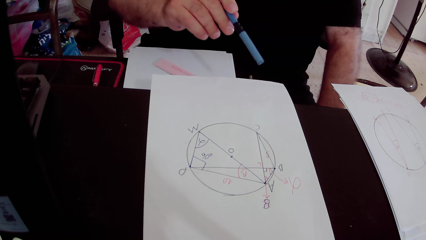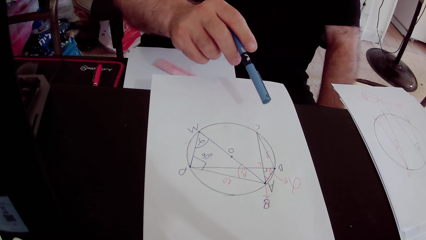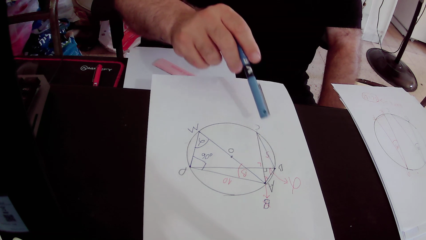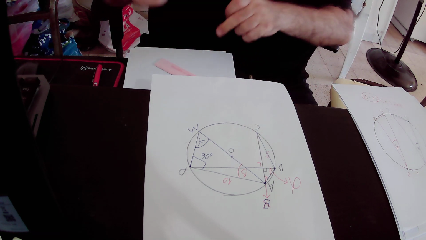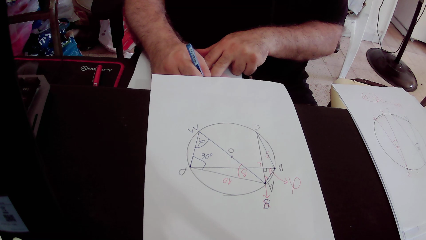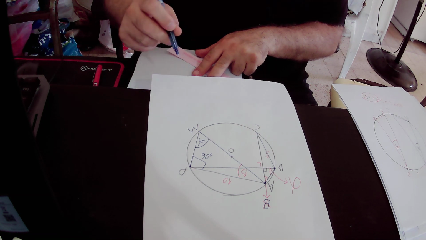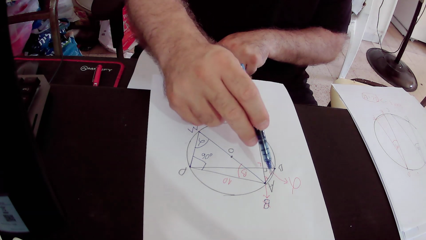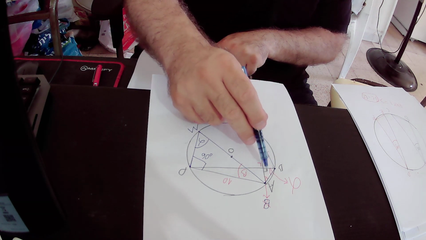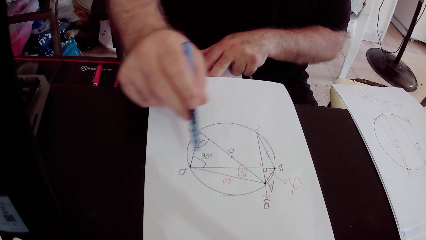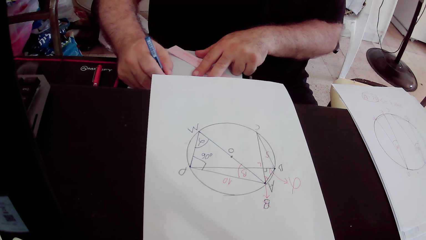So angle BAC equals beta, and also angle MAD equals beta.